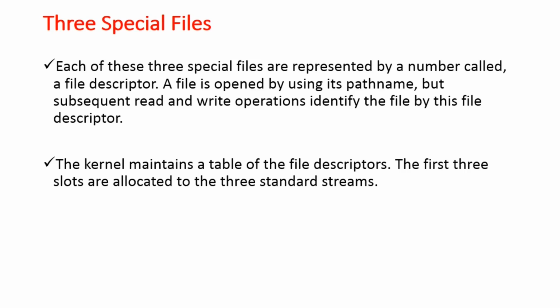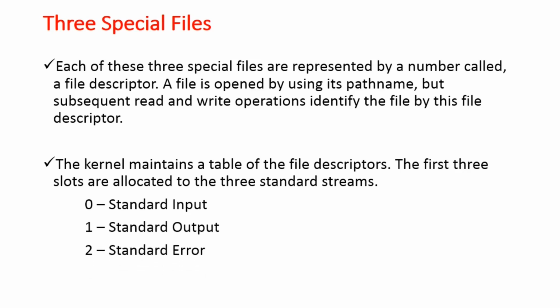The first three slots are allocated to the three standard streams. So 0 is for standard input, 1 is for standard output, and 2 is for standard error. These three are the first three slots within the file table.